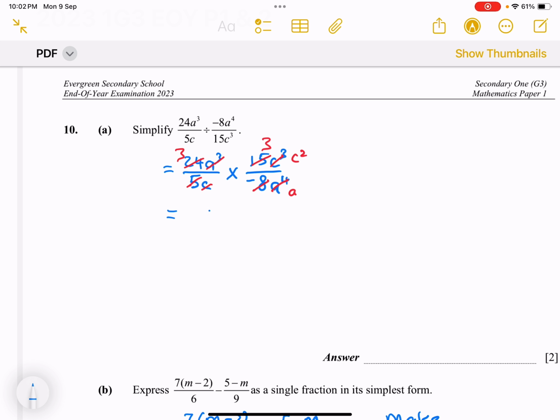Now, 3 times 3 is 9, and then we have c squared over negative a. So we put the negative in front, and we have the answer negative 9c squared over a.